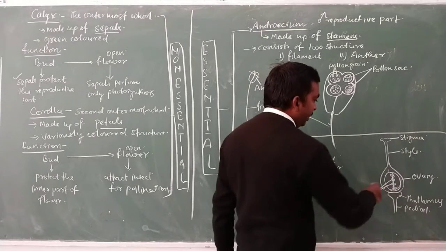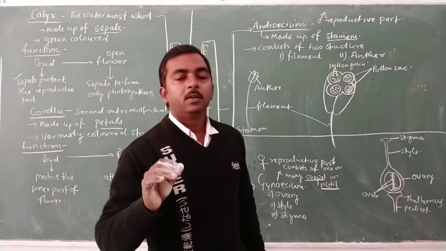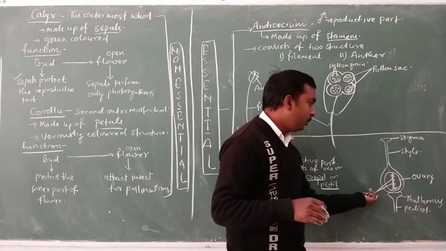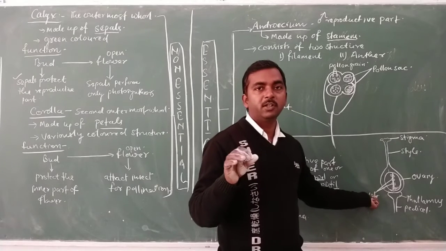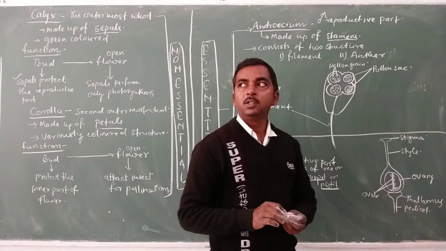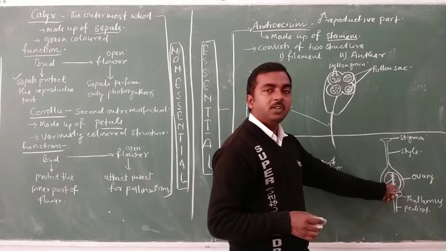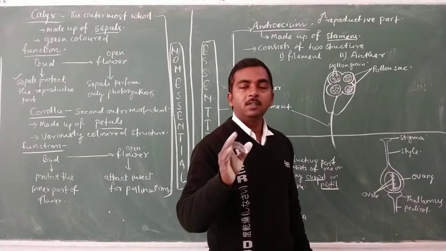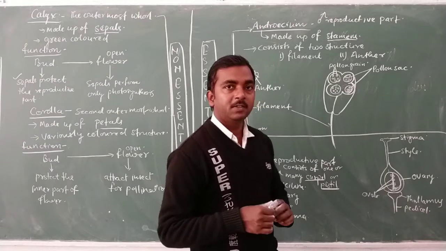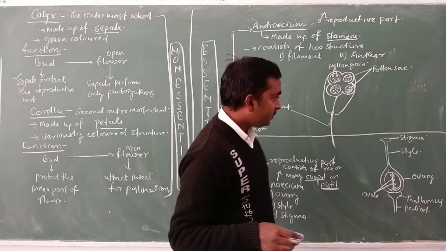And inside the ovary is the place which contains the female gamete inside the ovule. So ovule is the structure in which the female gamete, or the nucleus of the female gamete, exists, and when the male gamete reaches here, inside the ovule it fuses with the egg cell or ovum and fertilizes to form zygote.